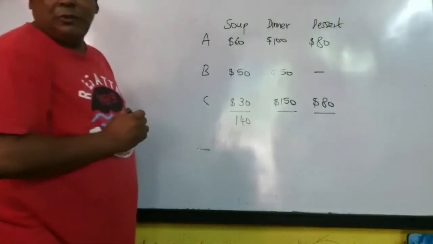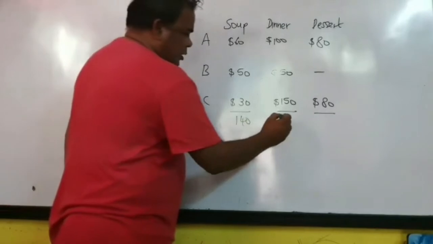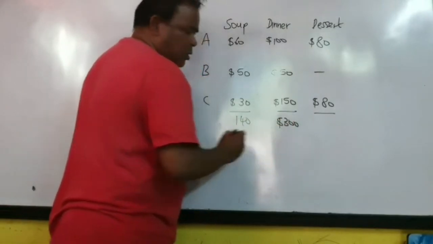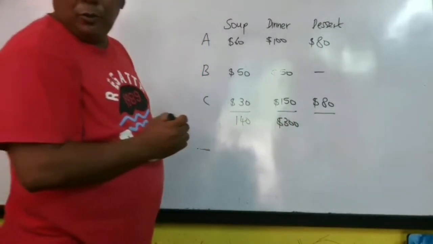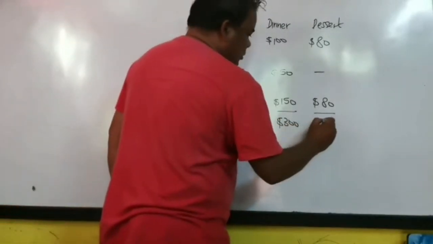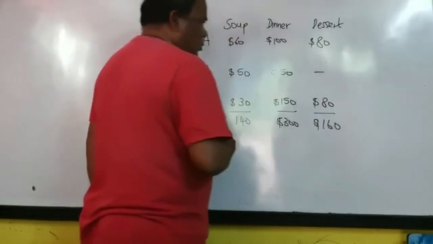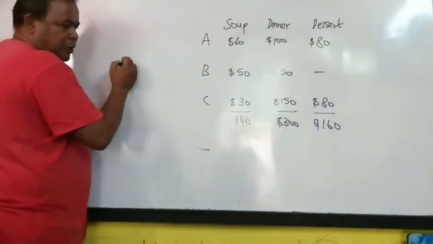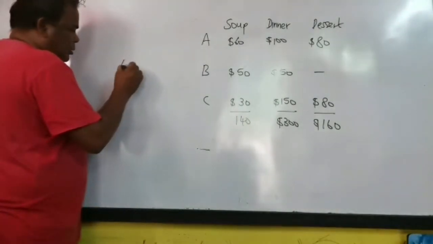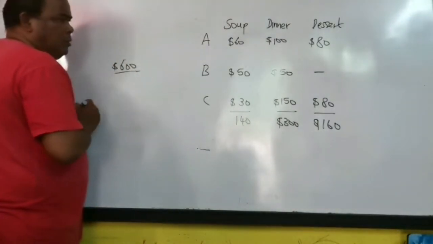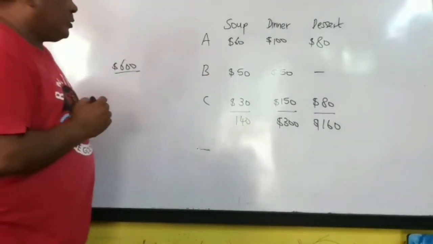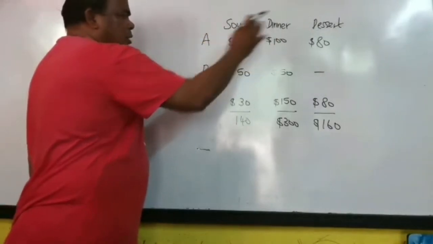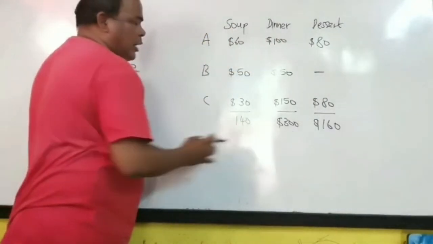For soup 140, and 300 for dinner, and 160 for dessert. So in all they have to pay how much? They have to pay $600. They ordered soup, dinner, dessert, and this is the bill that they have to pay.